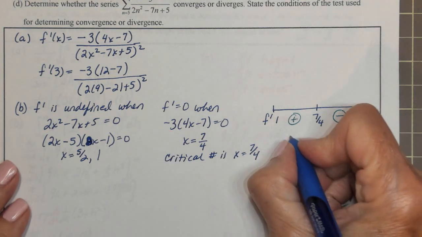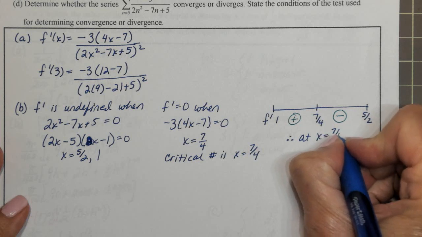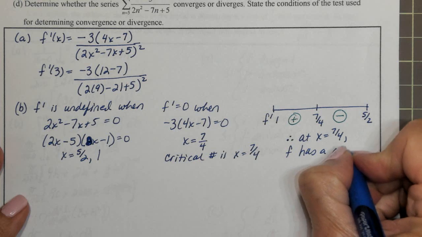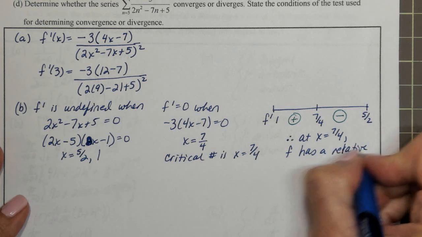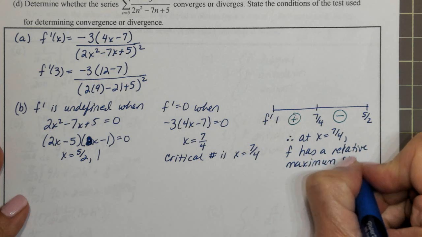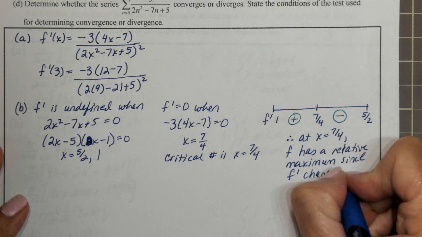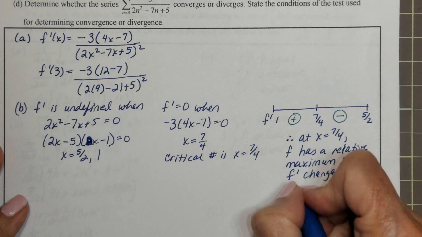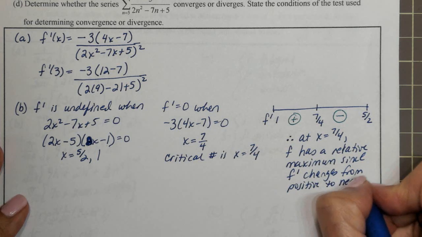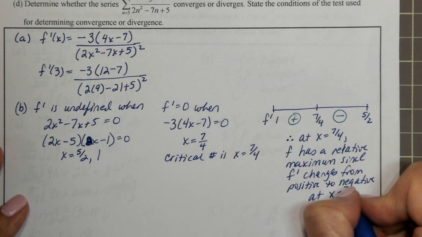So, at x equals 7/4, f has a relative maximum, since f prime changes from positive to negative at x equals 7/4.